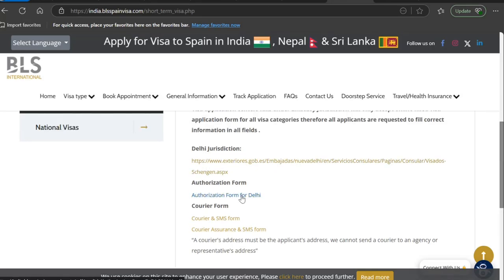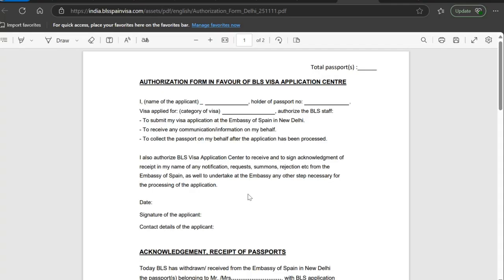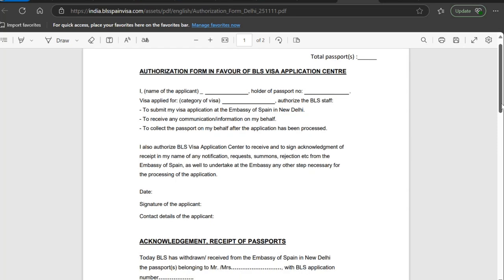Authorization form for Delhi. Other from your bearer's visa, name of the applicant holder, your passport number, visa applied for, category of visa. Okay, like if you're going for type C tourist visa, that you can write. Date, signature of applicant, contact details of applicant.